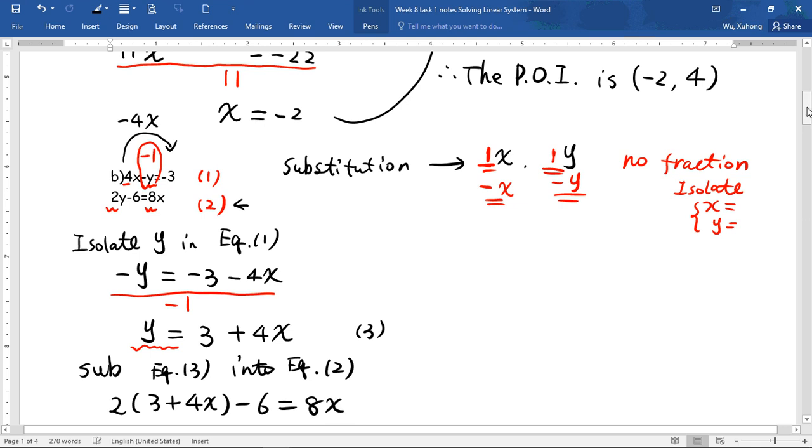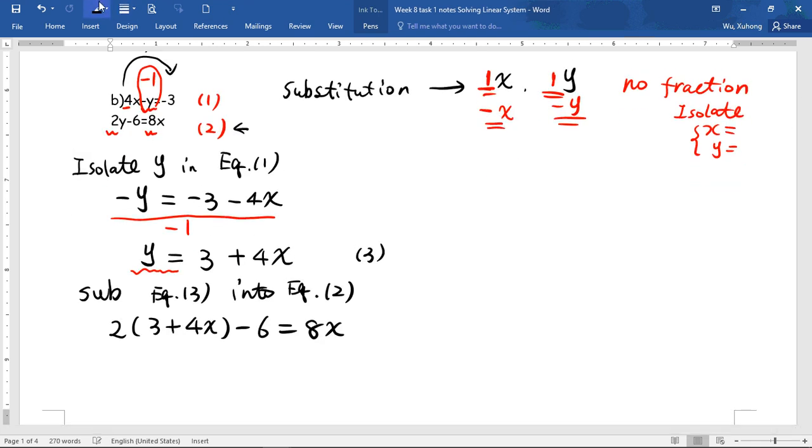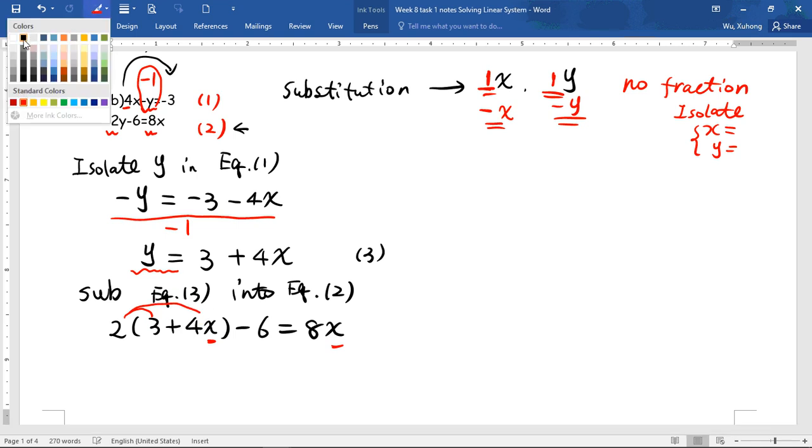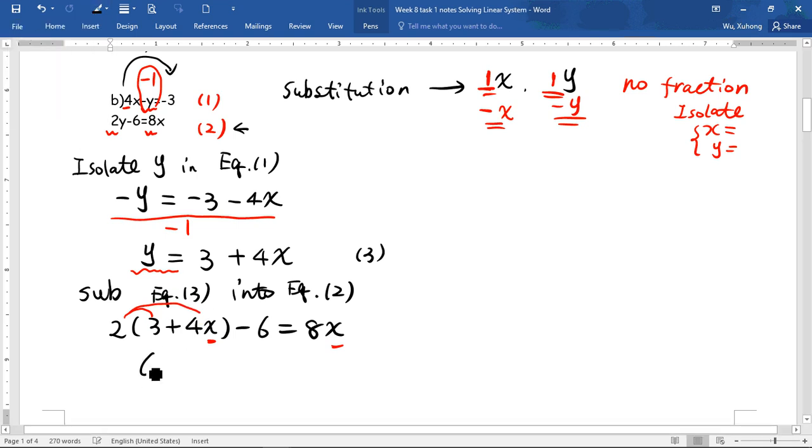And from this equation, you will see the x appear twice. So you cannot use isolation now. You need to get rid of the bracket and collect the like terms. The reason why we get rid of the bracket, because by doing that we could find the, so you will have 0, then move the 8x to other side is minus 8x is 0.